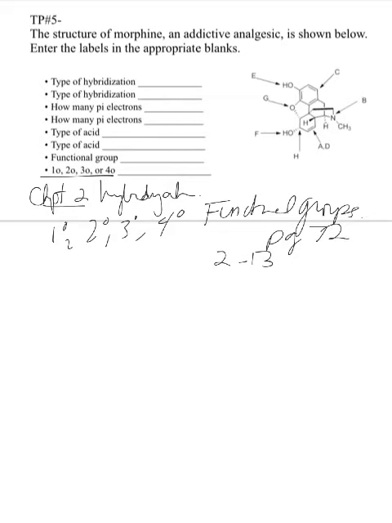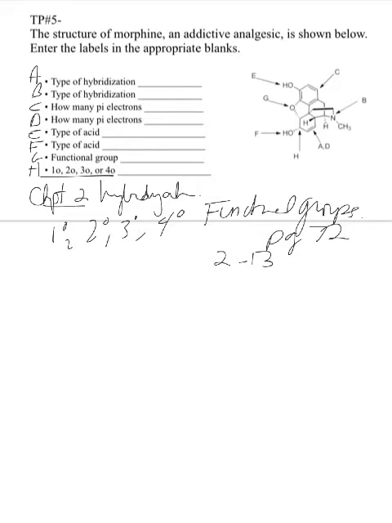Okay, so type of hybridization. The first one, and you know what's lost on here is this. So we're going to go down here, A, B, C, D, E, F, G, H. So type of hybridization for A, well, you got an alkene.